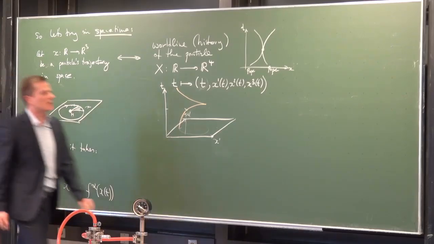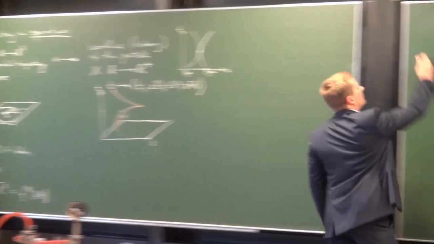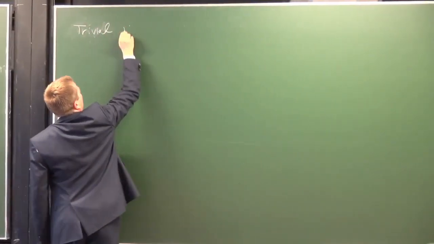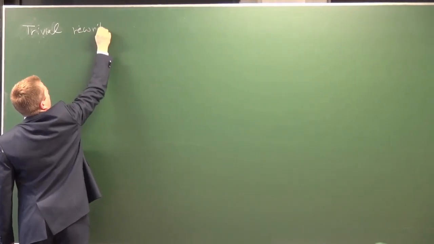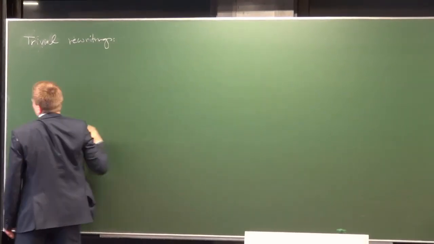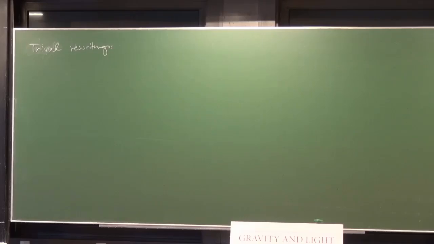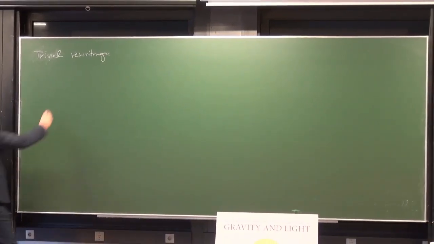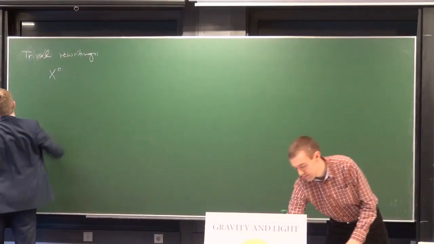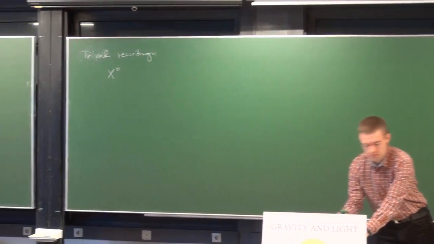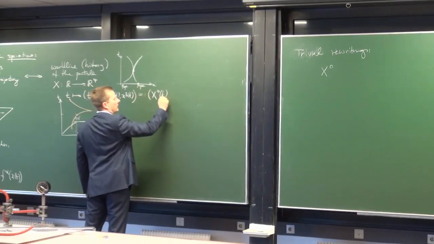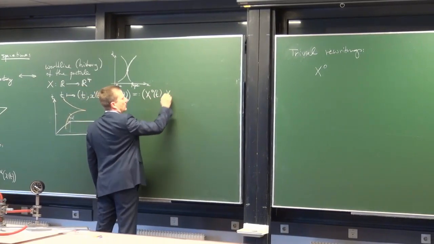Let's assume this. So now we have a number of trivial, really trivial rewritings. The first one has nothing to do with this. The first one is that I take the 0th component, and this is just a manner of numbering the components here, that I say this is the 0th component of this coordinate map.